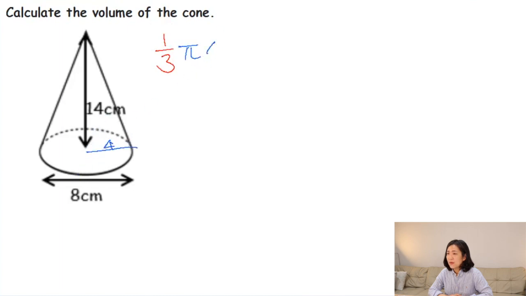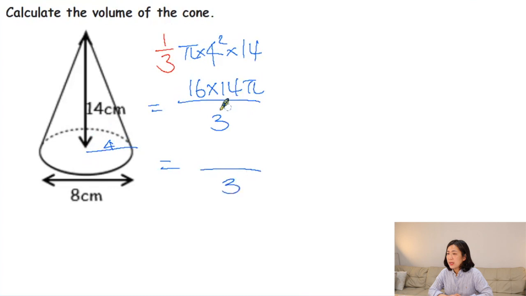So the radius is 4, so 4 squared times 14. Now let's calculate 16 times 14 pi divided by 3. If you calculate, it's 224 pi over 3, cubic centimeter.